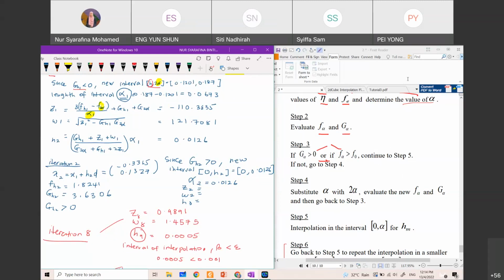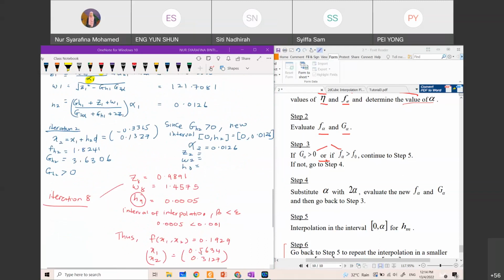Any more questions, before I leave you with the rest of the calculation until you reach the solution point? Once you can do it on your own, then you can understand. Are we good?